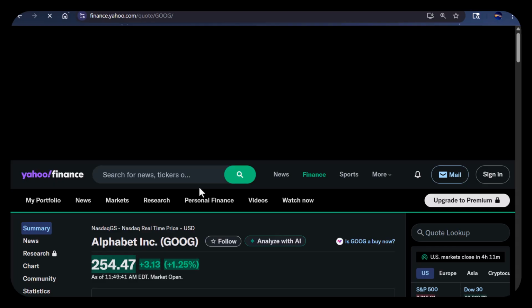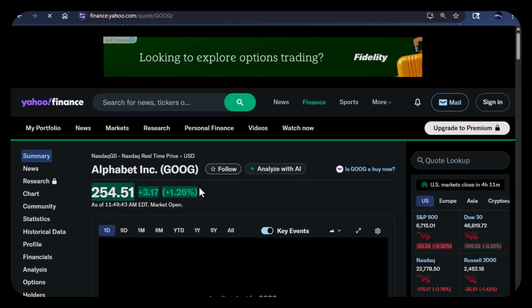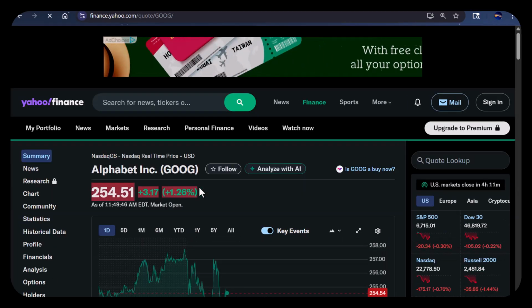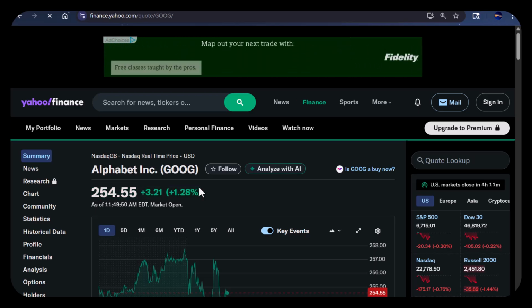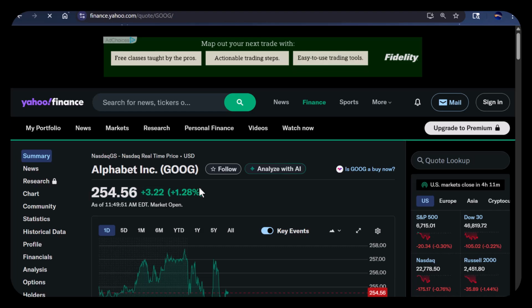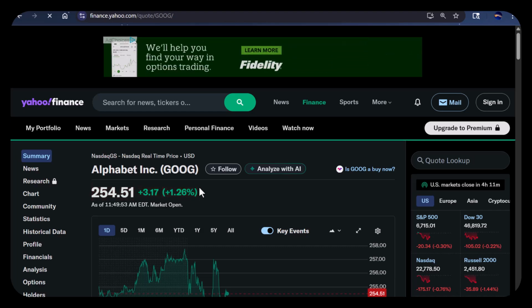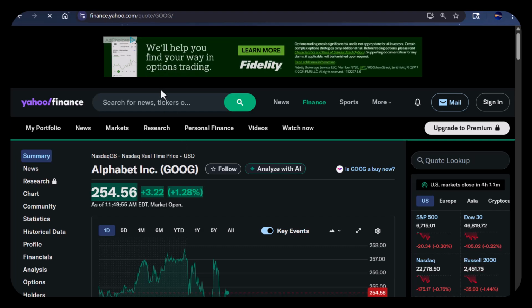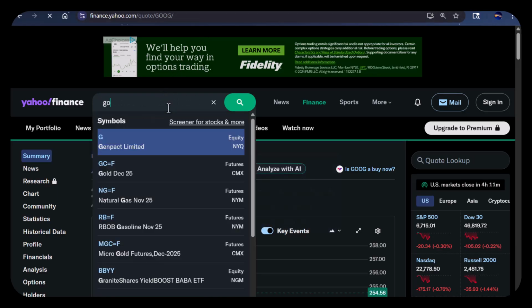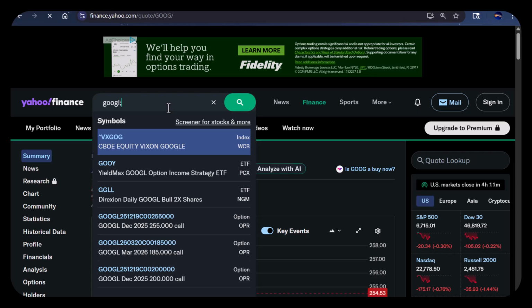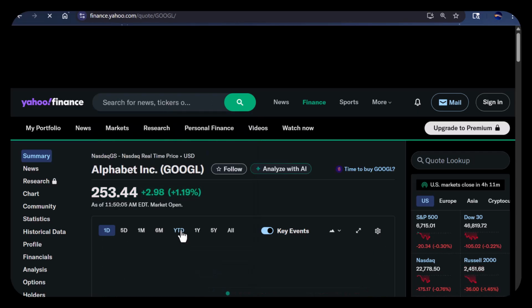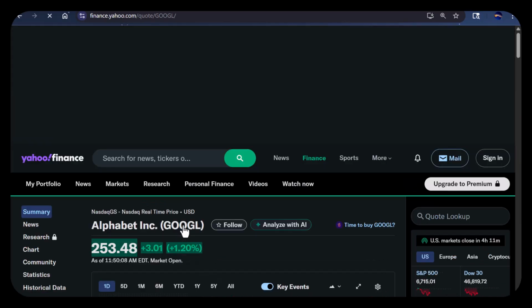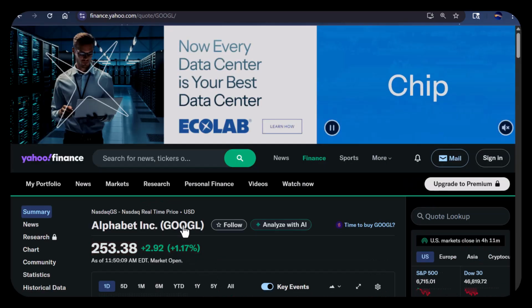Technically, Google has two classes of publicly traded shares, but I'm going to use this one. One of them has no voting rights. I think that one is Google L. Yeah, that one has no voting rights, but the other does.